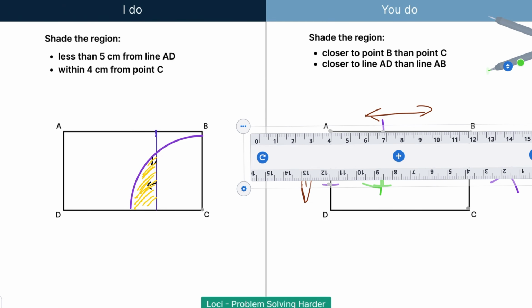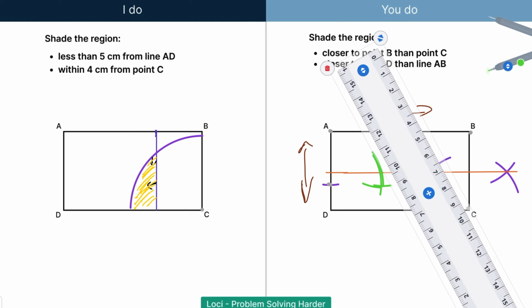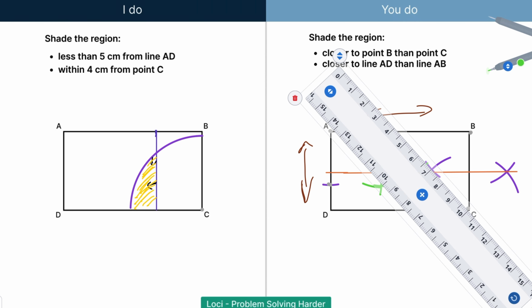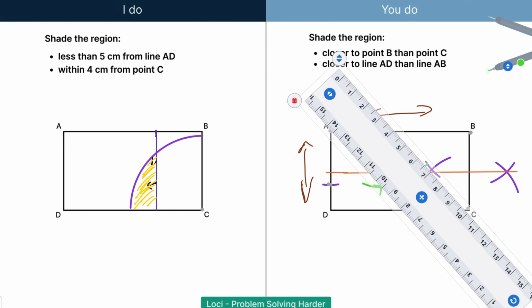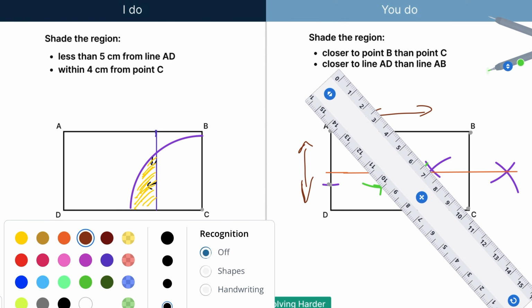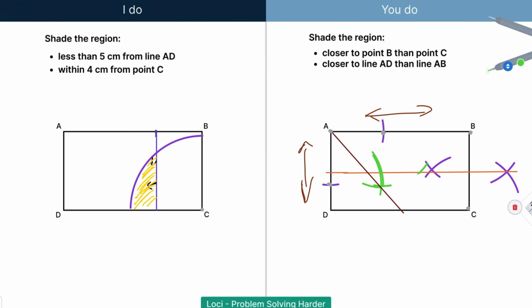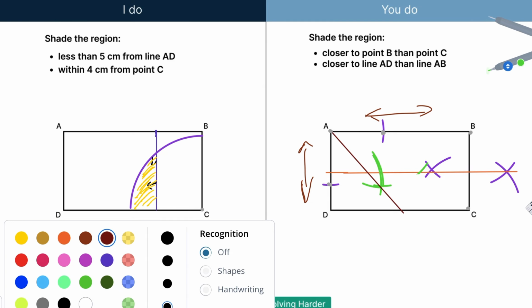And if I grab this and rotate that, we are going to draw a line straight through there. So we can just use that color there. There we go. So the two lines we're interested in are the brown one and the orange one.